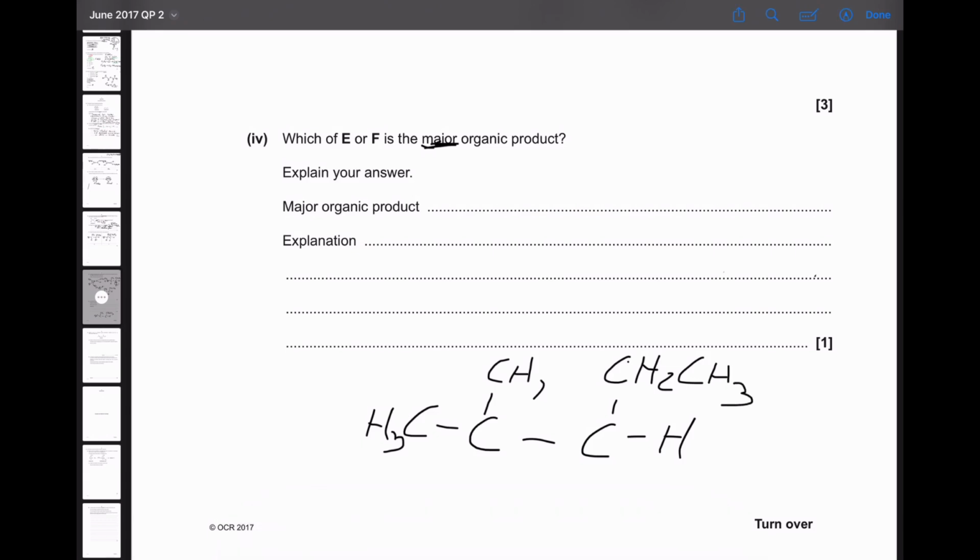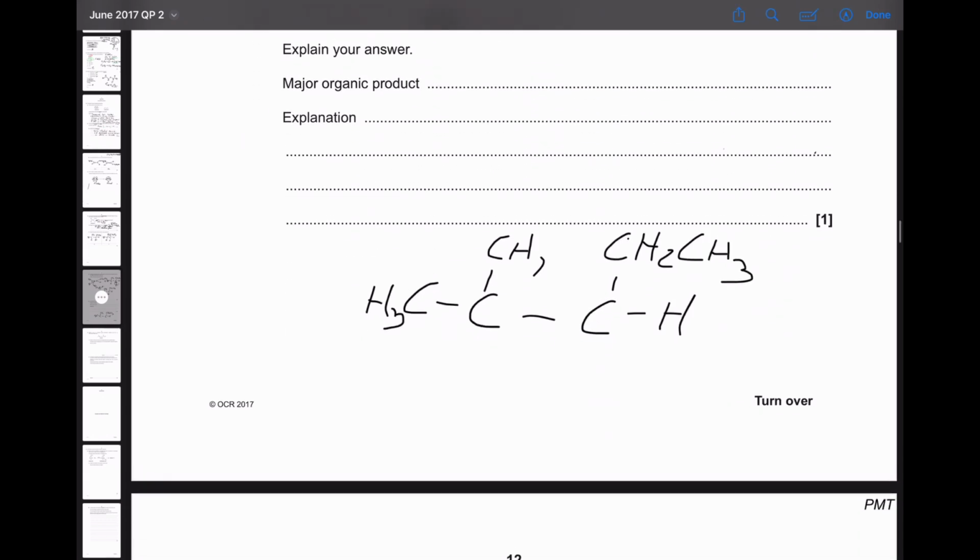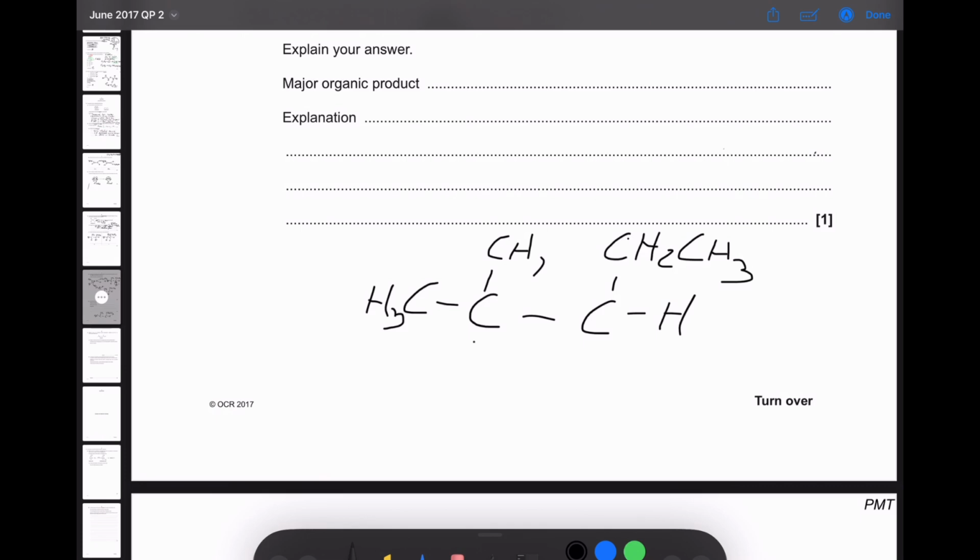So, if we pretend we're going through our mechanism, if we put our bromine here, if we put our hydrogen here, then our carbocation is going to go here, so that's one carbon surrounding it, and that's 2, so that's on position 2, and it's got 2 surrounding.